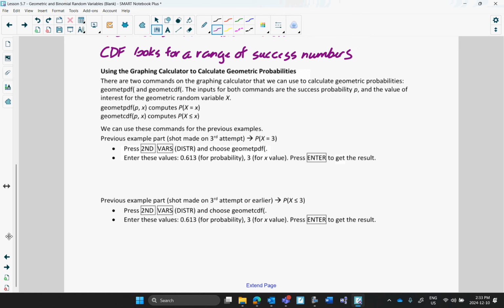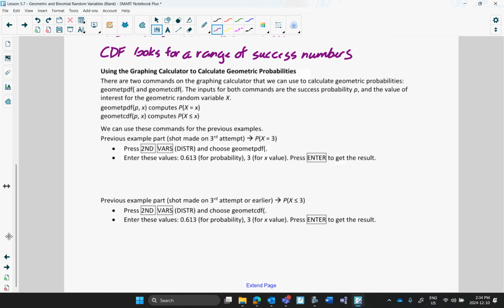What's the probability that he makes it on the third or earlier? First thing you have to do is recognize, is it a PDF or a CDF? Then, because it's a distribution, you go second bars. That's distribution, where we always find normal CDF when we did normal calculations.